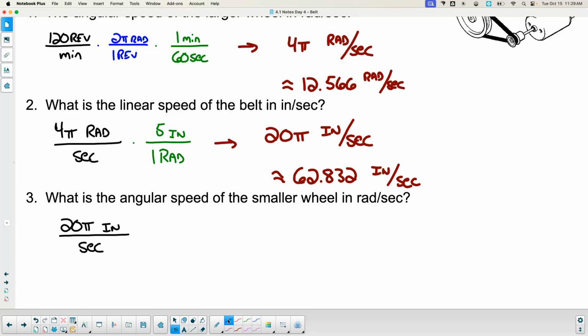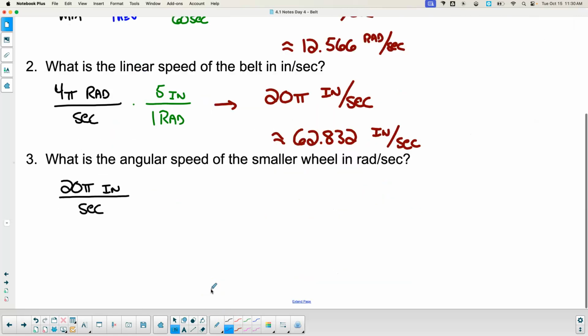Because now we have the speed of what it's going. Okay? So now, what did we say that the radius of the smaller one was? 2 inches. Okay?